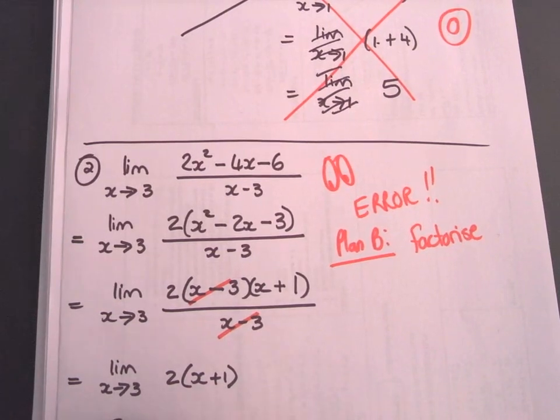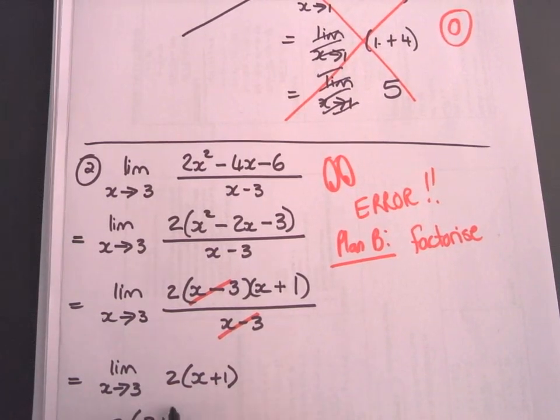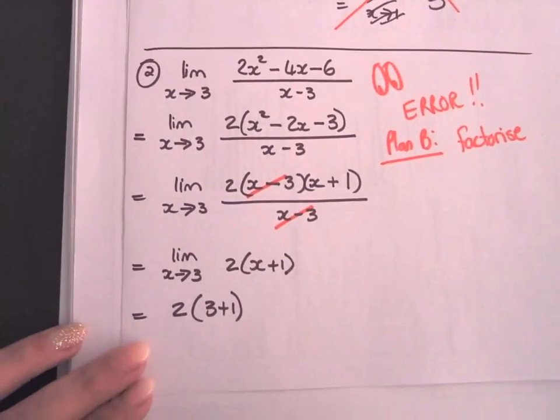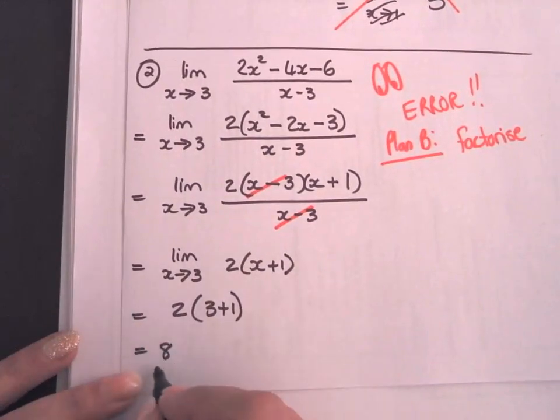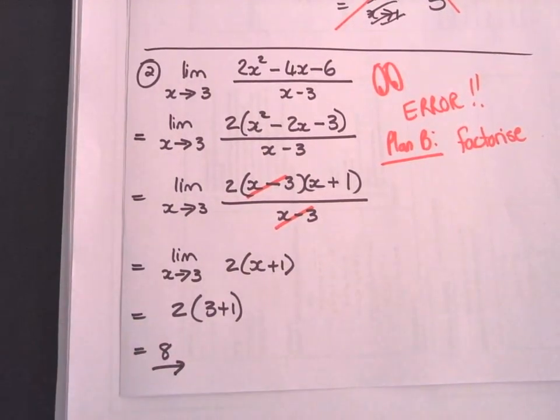So this will be 2 times (3 plus 1). 3 plus 1 is 4 times 2 is 8. Very easy. So if you enter each sum, you have to substitute what is equal to it. So at the end you have to substitute what x is equal to.